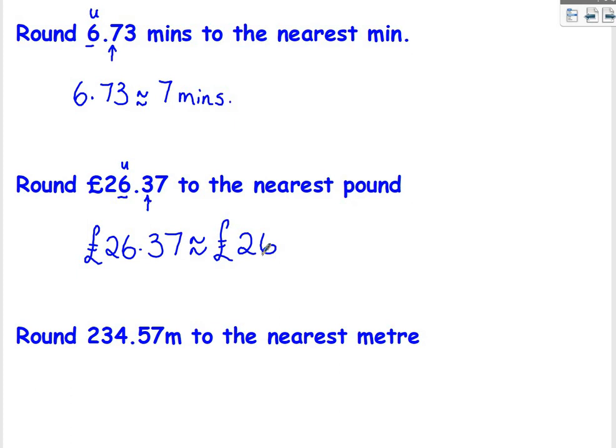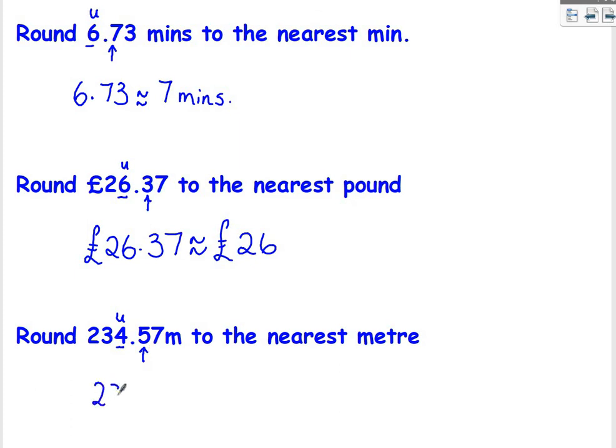And the last one, we're going to round 234.57 metres to the nearest metre. So this time in the units column I have 4. We're going to look at the value in the tenths column again. Because that is 5 or more, I need to increase the units digit by 1.